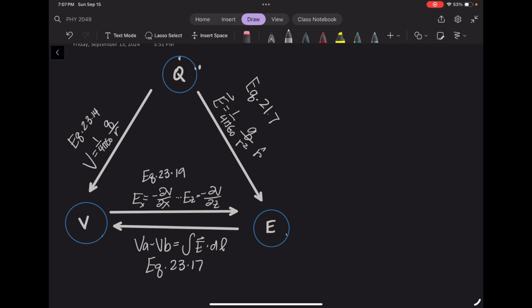And then finally, at the end of chapter 23, we were able to go back and forth between potential and electric field. We can get potential from electric field using an integral, and we can get electric field from potential using derivatives.